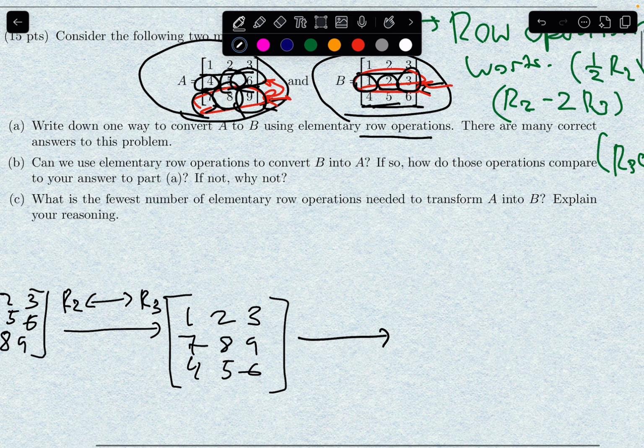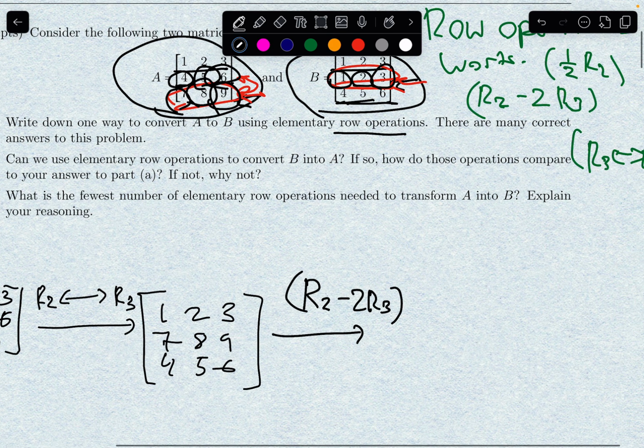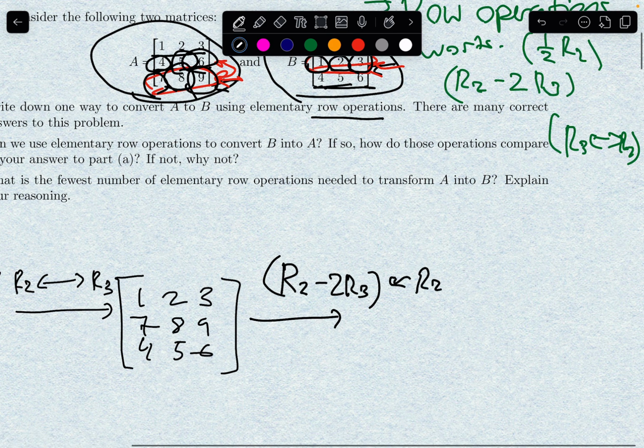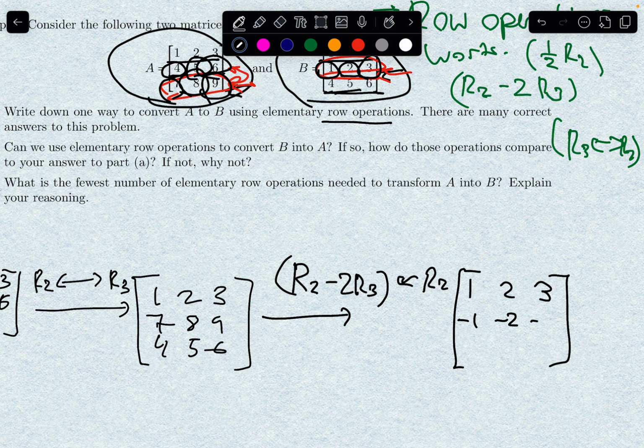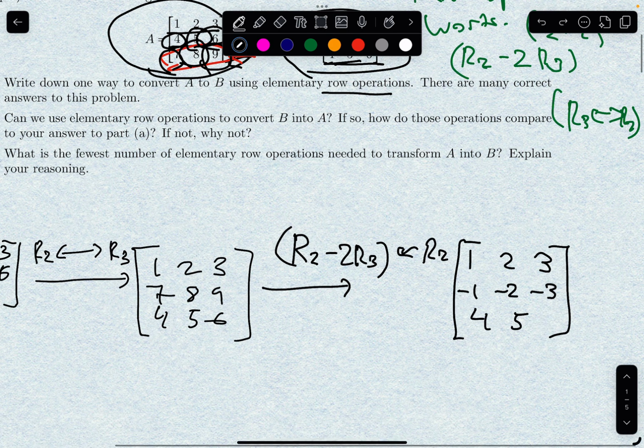So what we're going to do is row 2 minus 3 times R3. That should work for our R2. It's going to be our new R2. And so we're going to get 1, 2, 3, and then here what we're going to get is -1, -2, -3, as we already did our logic-based argument there.